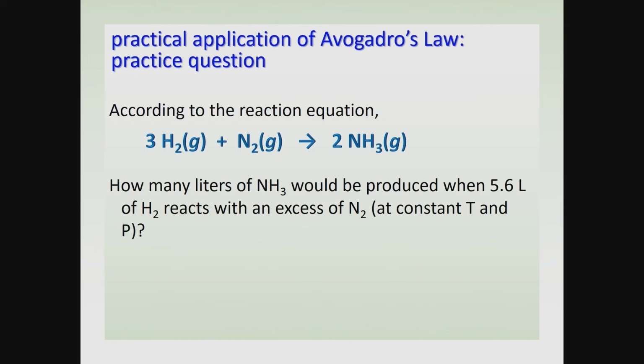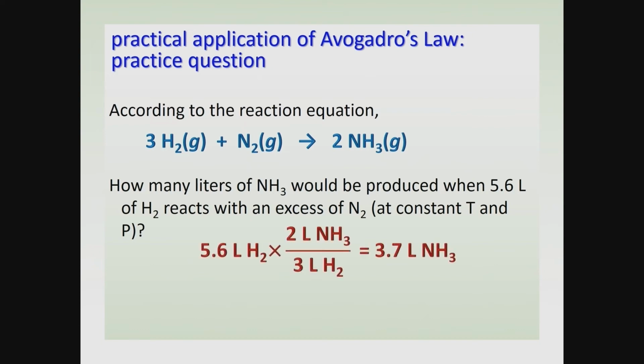Well, a simple way to solve that problem is to recognize that when you see that mole ratio between hydrogen and ammonia, which is 3:2, that is also a volume ratio or a liter ratio. So we can also say that 3 liters of hydrogen produces 2 liters of ammonia.